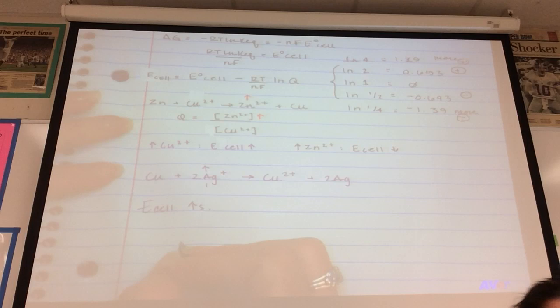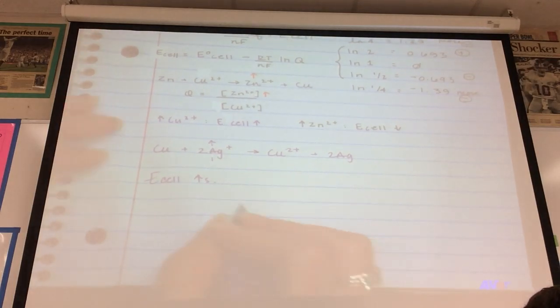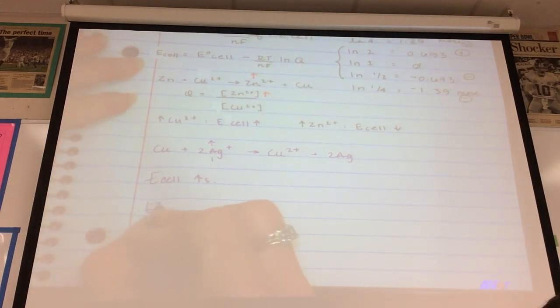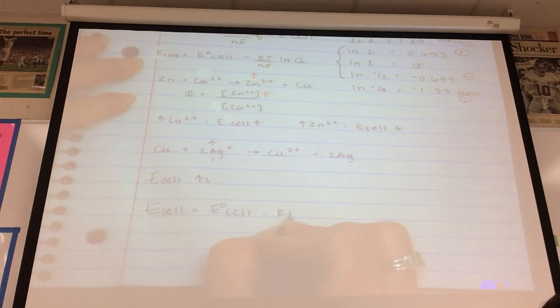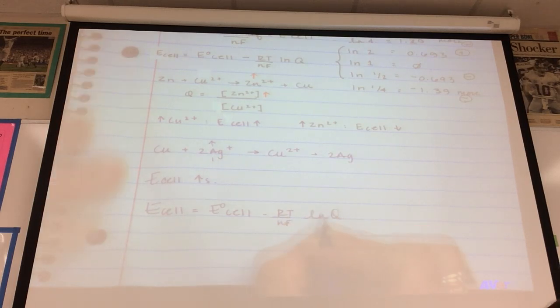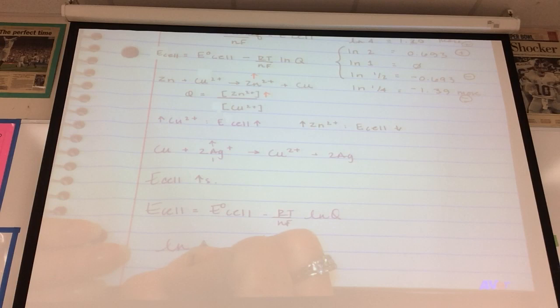But in regard to your explanation, based on the Nernst equation, which they don't give you, you know that it's ln of copper 2 plus over silver ion squared.